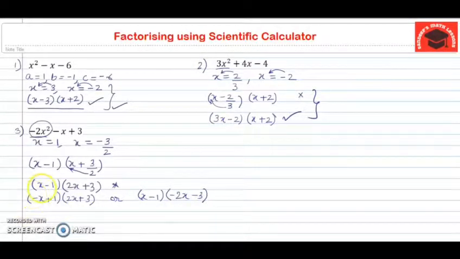Then both of my factorizations will be correct. Hope it is clear to you why I was telling you to be extra careful. Thank you.